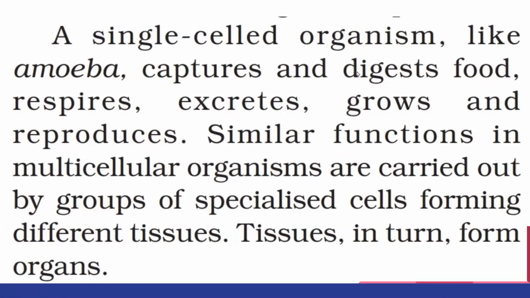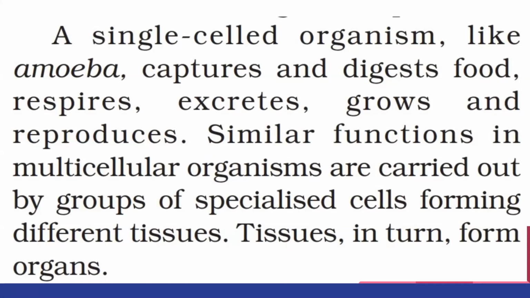So that is more. See, this is the last paragraph of that part. A single cell organism like amoeba captures food and digests food, respires, excretes, grows, and reproduces. Similar functions in multicellular organisms are carried out by groups of specialized cells forming different tissues. So tissues in turn form organs.